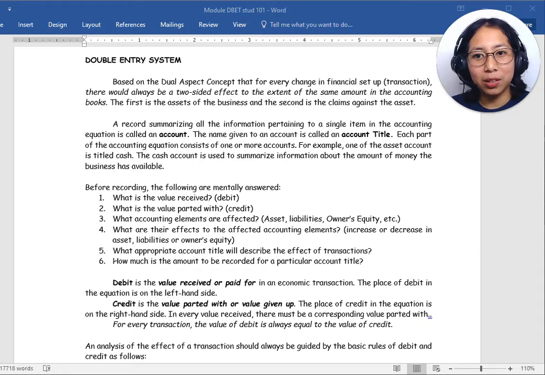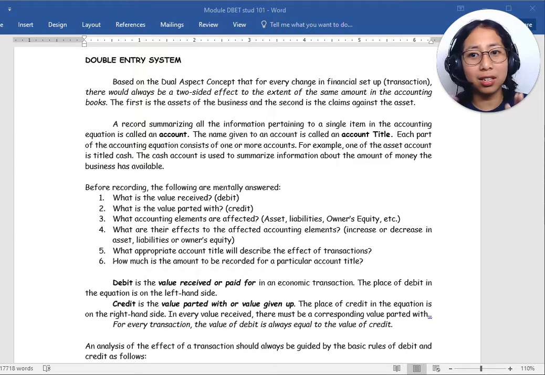Ang mga transaction ng isang business ay kina-classify into different accounts. Okay, the name given to that is what we call the account title. So for example, of all my transactions in the business, ika-classify ko itong transaction na bayad sa utang. We call it accounts payable.